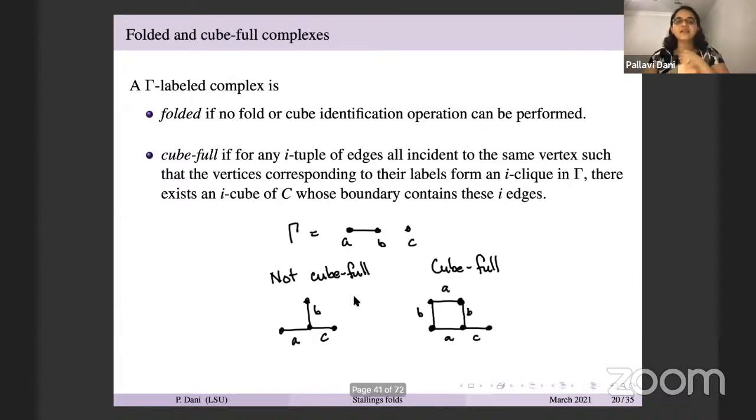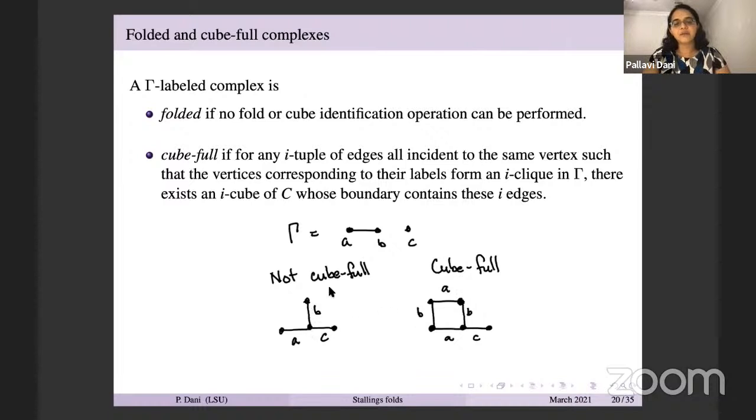But then there's also this idea of cubeful. Like I said, you could do a cube attachment operation whenever you see a certain configuration in the graph. And so it's cubeful if you don't need to do any of those operations. Let me just leave it at that. These examples illustrate that.